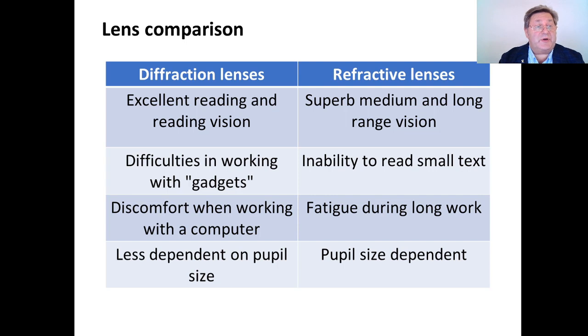The lens comparison: diffractive lenses offer excellent reading and near vision, but difficulty in working with gadgets and discomfort when working with a computer, and are less dependent on pupil size. For refractive lenses, superb medium and long range vision, inability to read small text, fatigue during long work, and pupil size dependent.